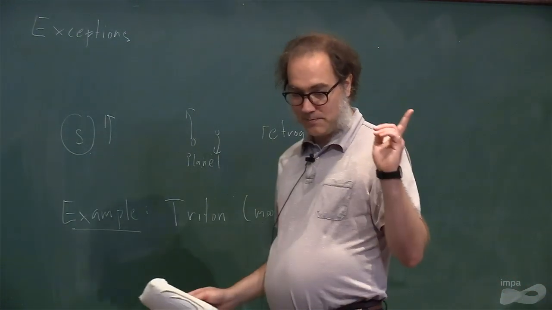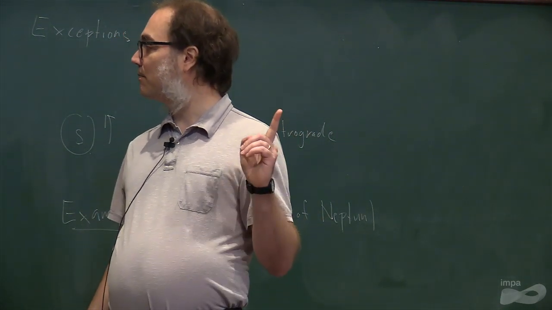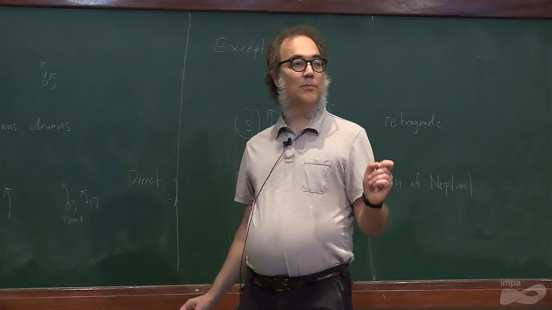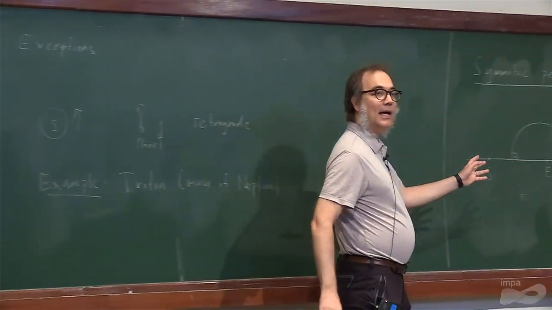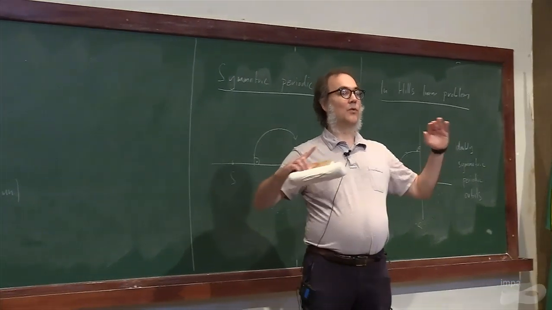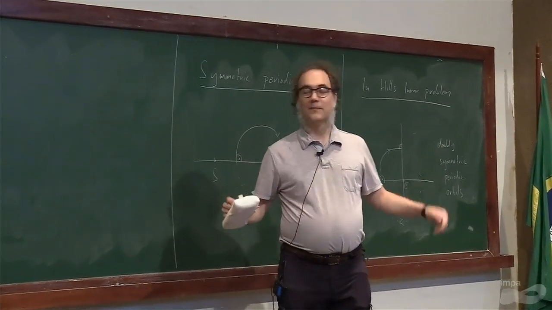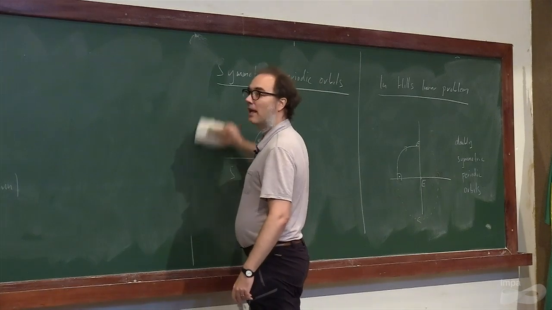This is Birkhoff, and Birkhoff gave an analytic proof of the existence of these retrograde orbits for Hill's lunar problem and for the restricted three-body problem below the first critical energy. And this proof I would like to discuss a bit.